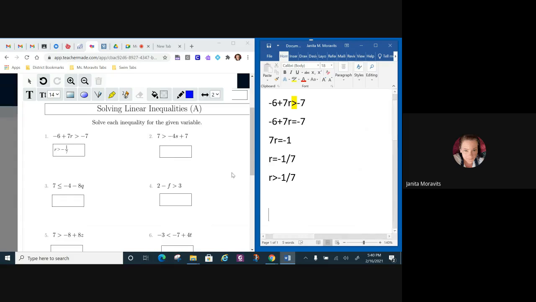All right, you have 7 is greater than -4s plus 7. All right, remember, we take this right here and we replace it with an equal. 7 equals -4s plus 7.